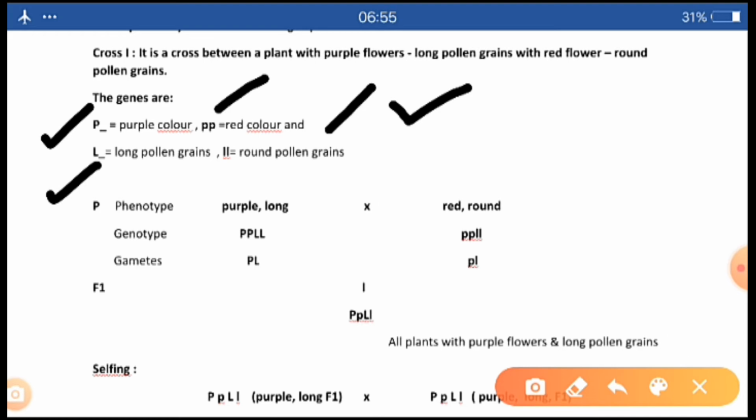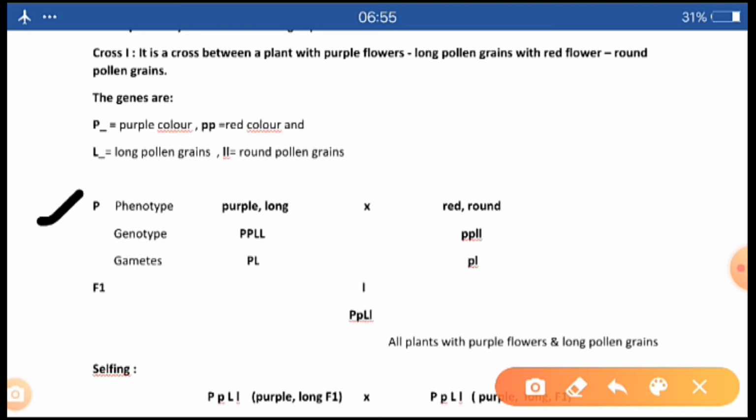Have a look. These are the parent generation. Phenotype is purple long, red round. Genotype will be capital P, capital L, and for the other plant it will be small p, small l.